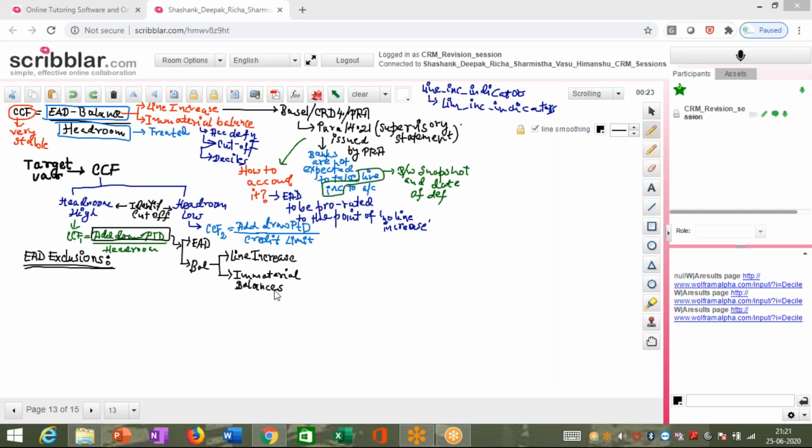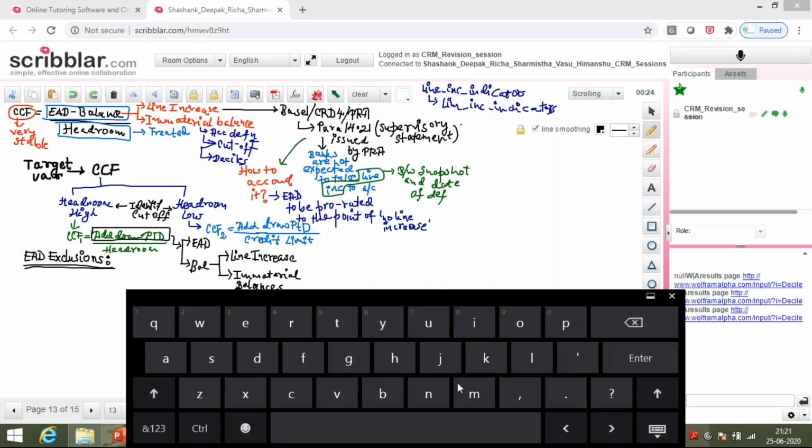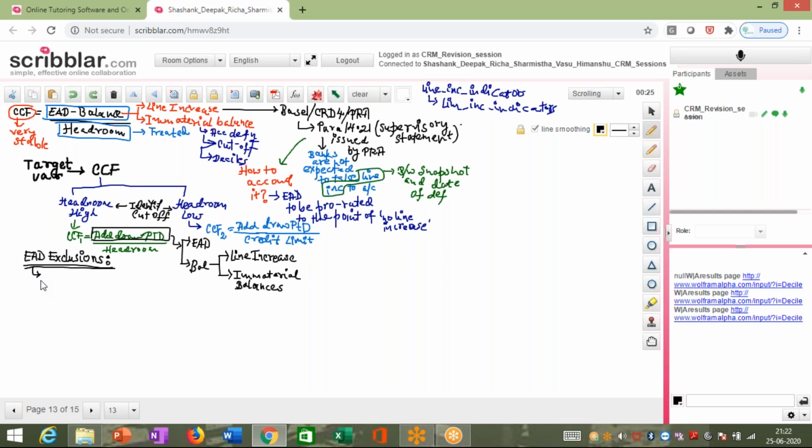The first set of exclusions are the regular set of exclusions, or the standard exclusions. These are the standard exclusions.